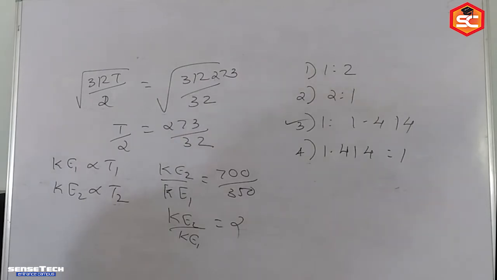The value of van der Waals constant is maximum for which among the following gases? Options are helium, nitrogen, methane, ammonia. Which one? Ammonia, because ammonia can be easily liquefied.